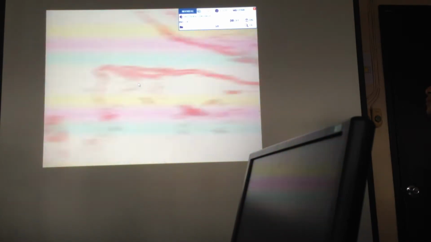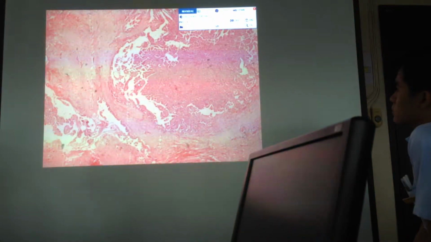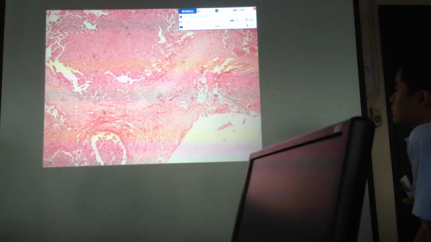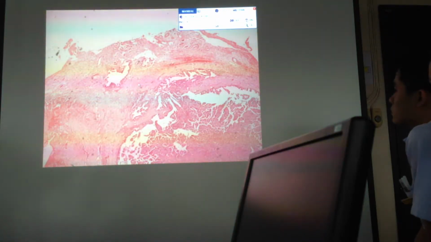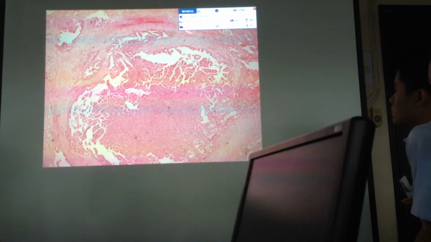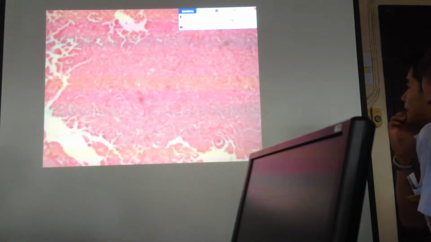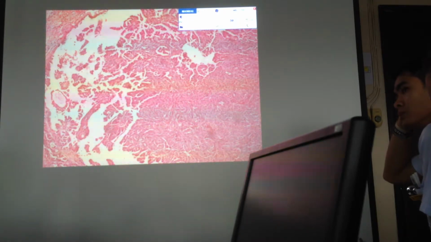You took this up already in neoplasia, remember? I think it's coming from the peritoneum. Here is fibrocollagenous tissue, and then you see the papillary structures in this portion. So, papillary serous carcinoma.